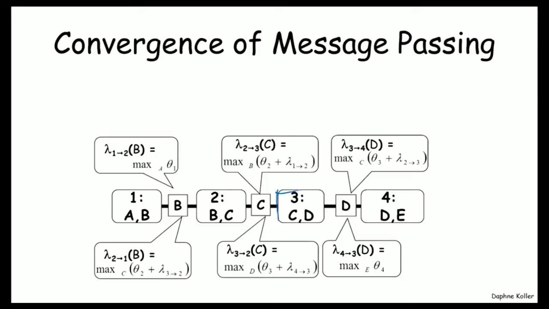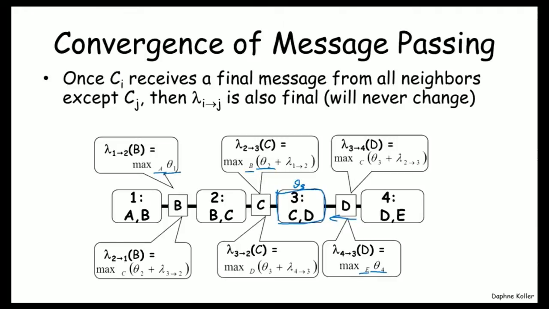If we look at this, we can see that when I finally get all of the messages from both sides, I have integrated in theta 1, theta 2, theta 3, which is stored in the clique itself, and theta 4 coming in from the message on the right, and maximized out all of the variables A, B, and E, so that what I have left is a factor over the clique 3, which is the max over A, B, and E of the sum of all of the factors in this network.